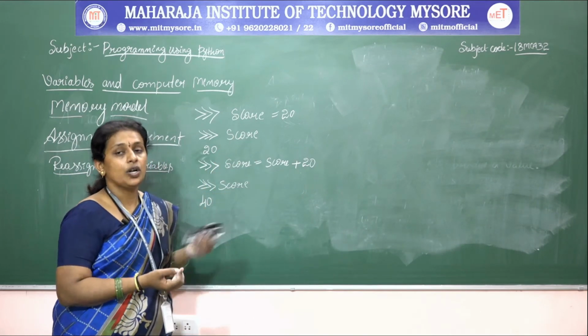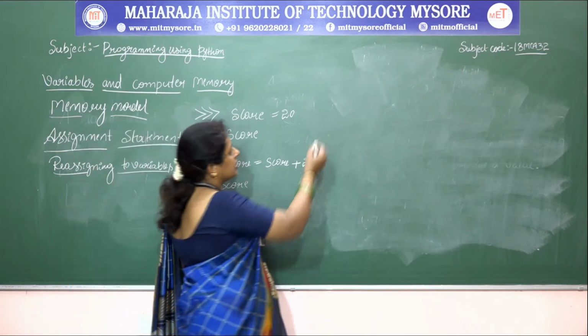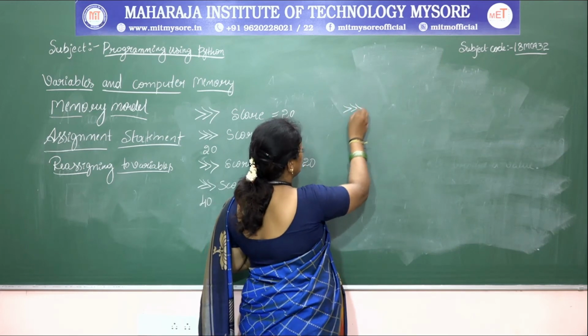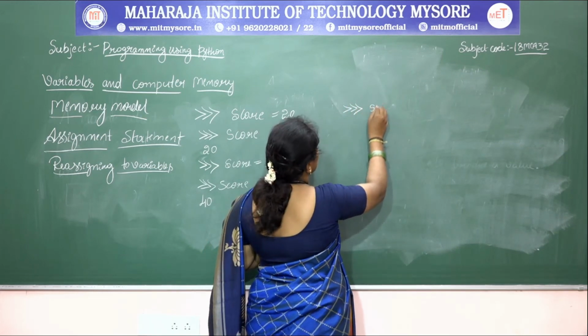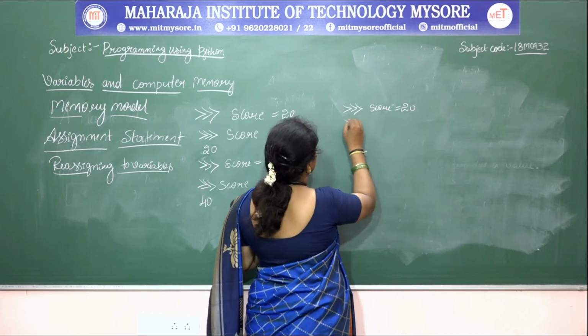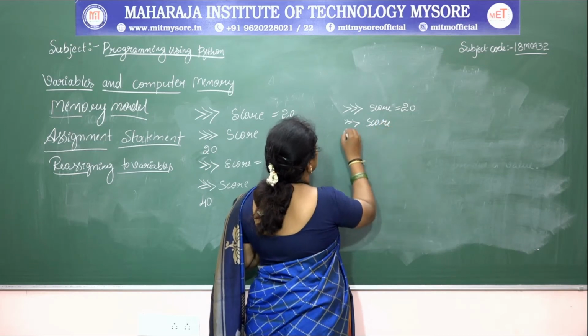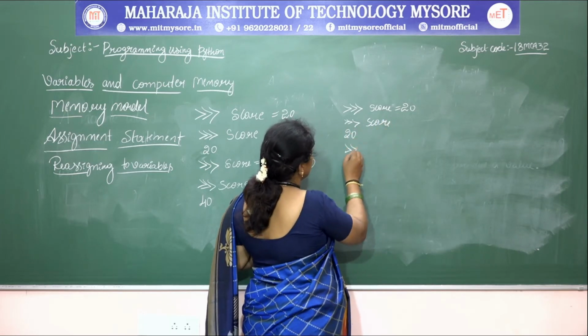So if I write a shorthand representation of the score, let's go with the same thing with the shorthand notation, that is score equal to 20. I'm just displaying the content score, so 20 will be printed.